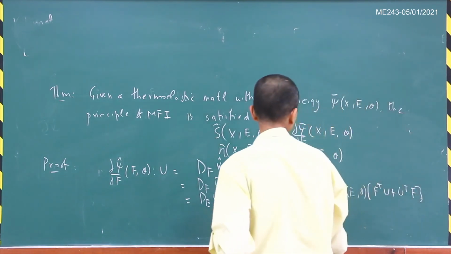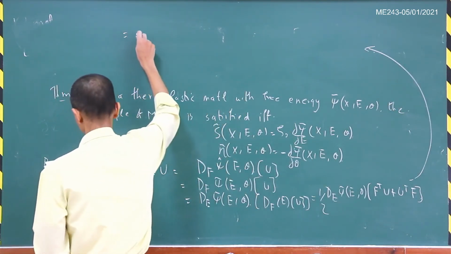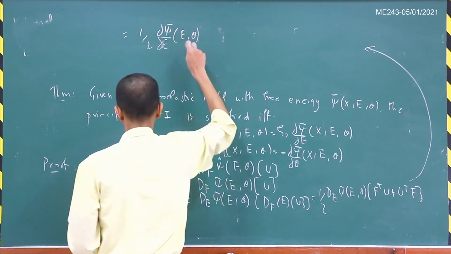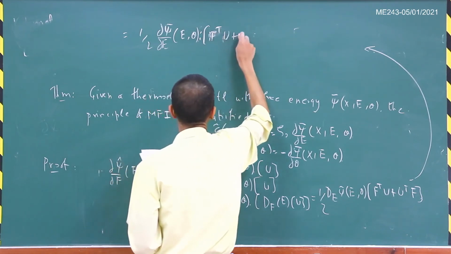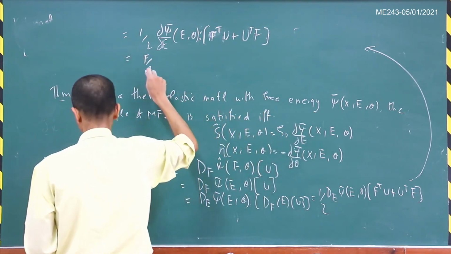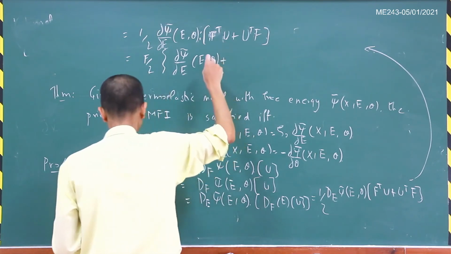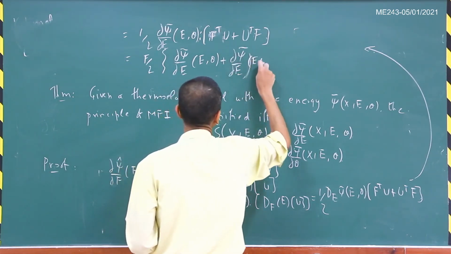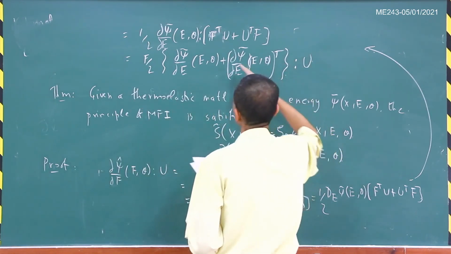So from here, what you will get is that this is equal to half of del psi tilde by del E of E comma theta, matrix inner product with F transpose U plus U transpose F. Okay, and this I can write as equal to F by 2 times del psi tilde by del E of E comma theta plus del psi tilde by del E evaluated at E, theta, transpose, this is the transpose of the whole thing, times U. So this is the usual trick.